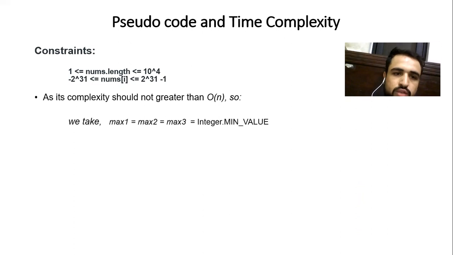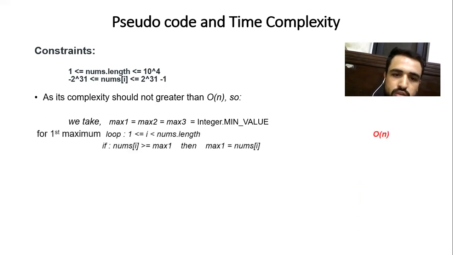So as we discussed the constraints, for solving this problem, let's look at the pseudocode and the time complexity of this problem. All right. So we take three numbers, max1, max2, and max3, and we initialize them with Integer.MIN_VALUE, which is the minimum value of the integer class.